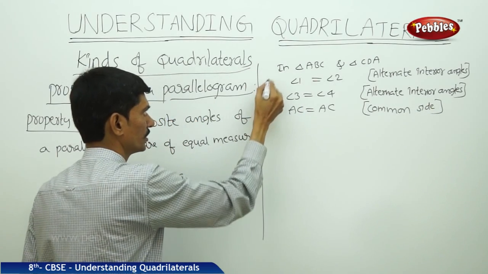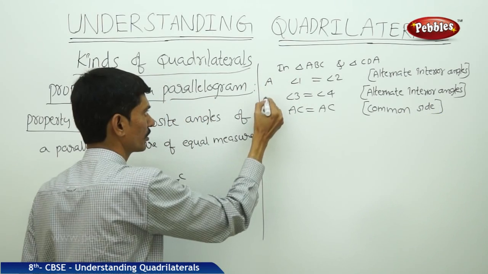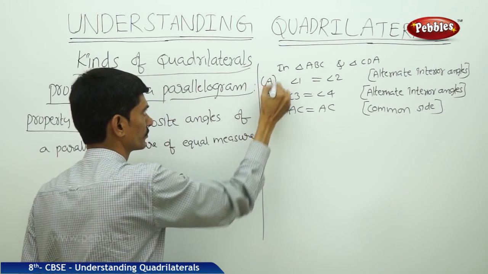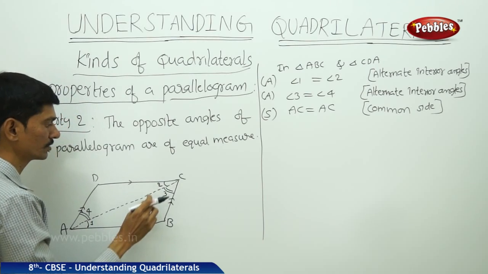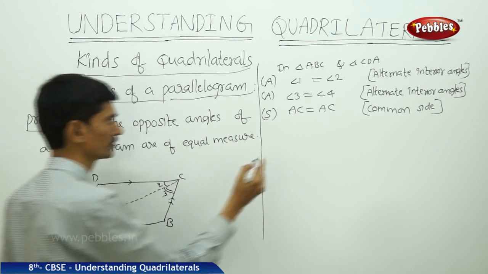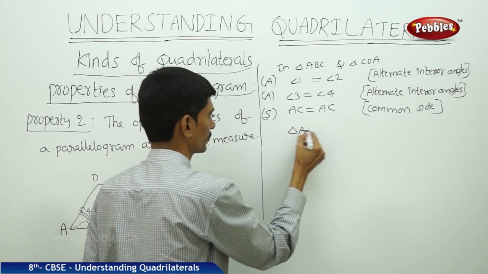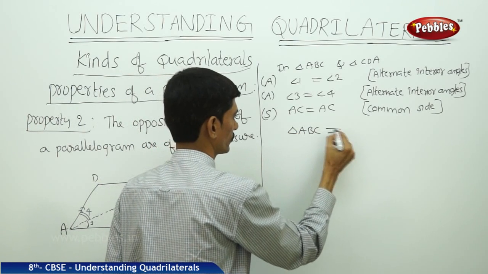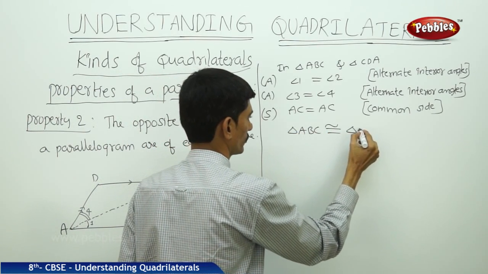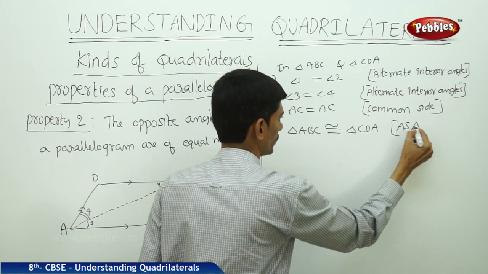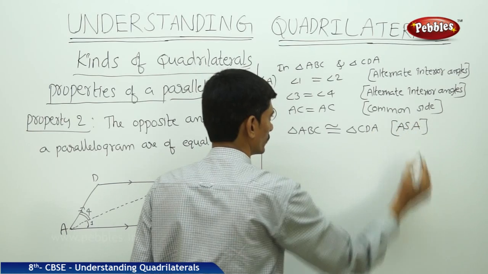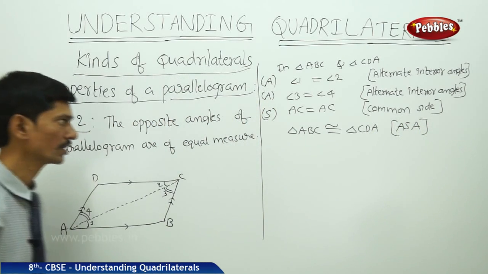So by ASA congruence criterion, we can write that triangle ABC is congruent to triangle CDA.